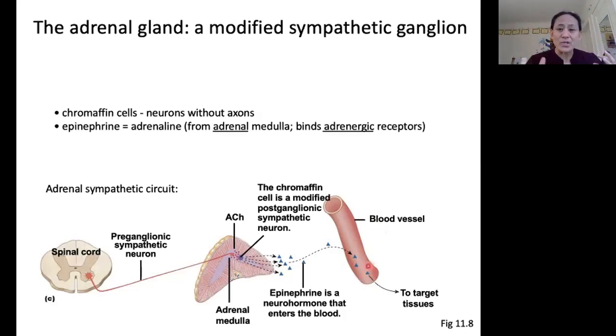So any tissue, any cell that has an adrenergic receptor is going to respond to that adrenaline, that epinephrine in your bloodstream. So that's what is responsible for that whole body global fight or flight response that you get when you are in an acute stress situation.